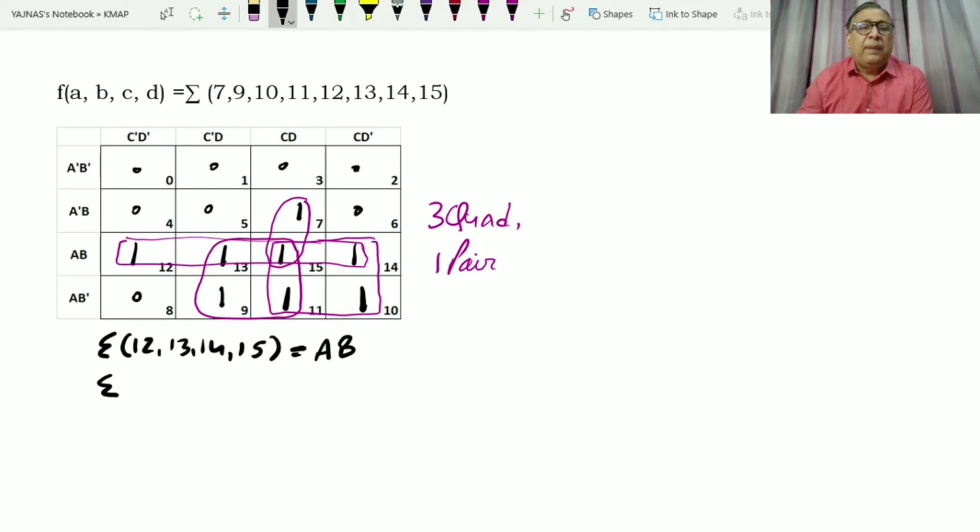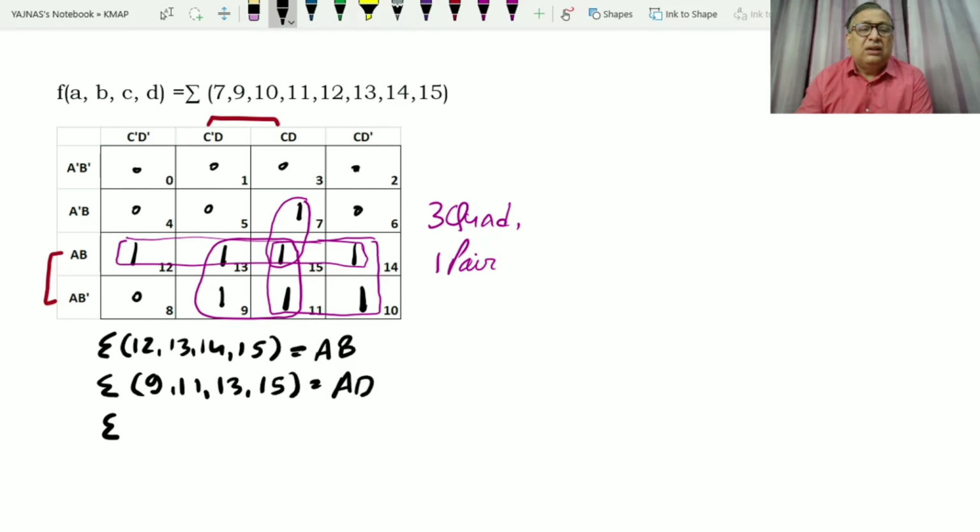Then sigma 9, 11, 13, 15: we can see the left-hand side of both and the top of these. So A is constant and D is constant, so it will be AD.